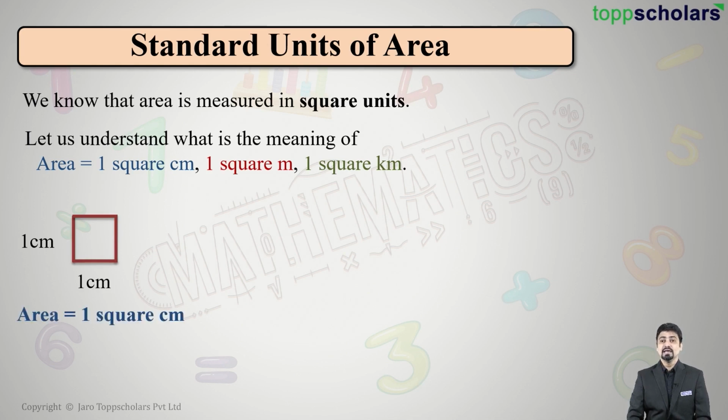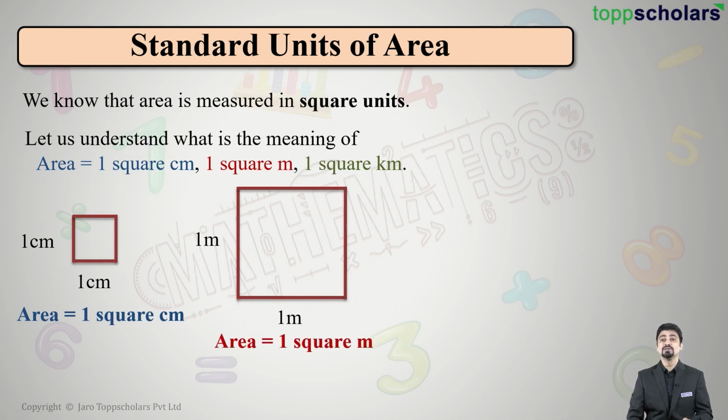Then we can say the area of this square is 1 square centimeter. Simple. Now if I take another square of each side being equal to 1 meter, then what will be the area of this square? Simple. It will be 1 square meter.